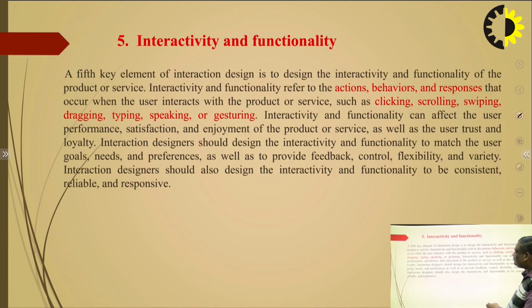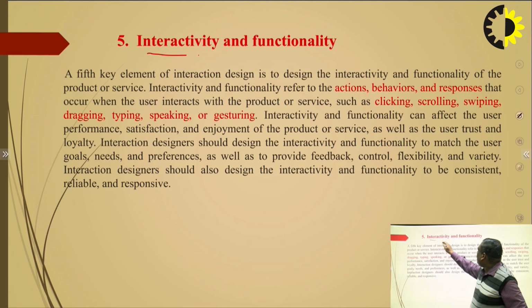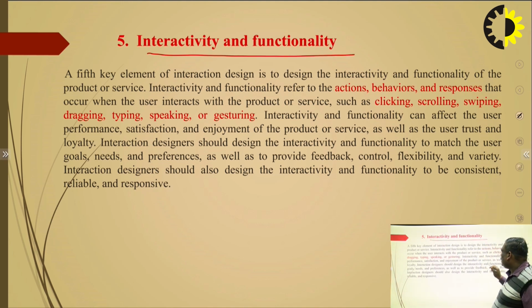The next one, interactive and functionality. Interactive and functionality means that when we interact with the icon, some action is performed immediately and some response is also there. Suppose we want to copy from one location to another location, a process is defined by the design, by the system, or we can see this process going on, or maybe in a percentage we can also see that.